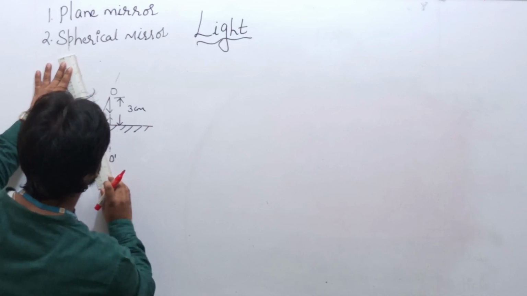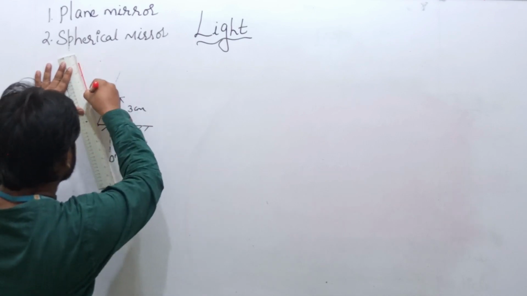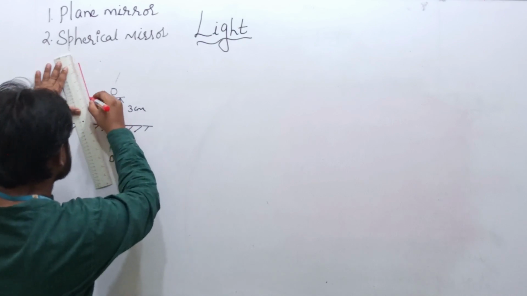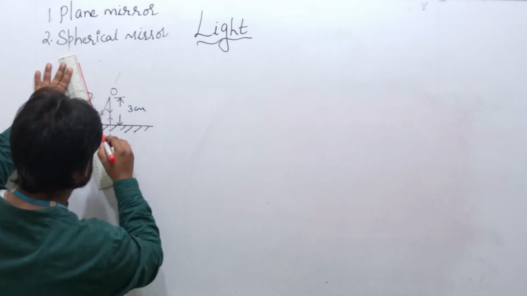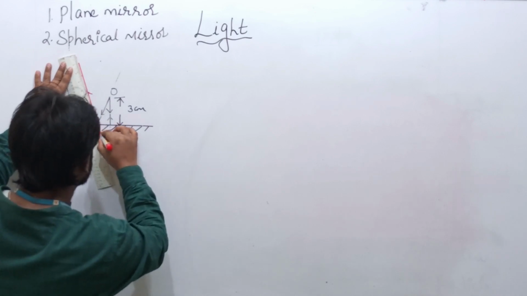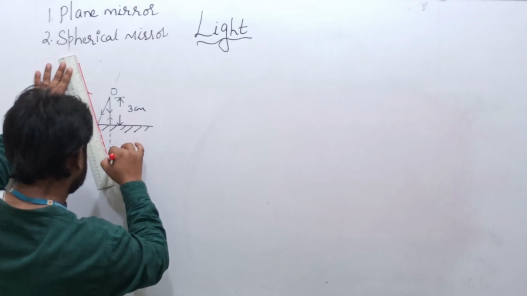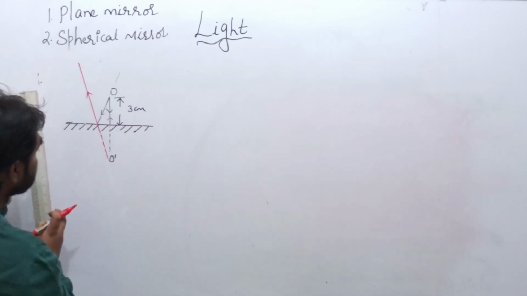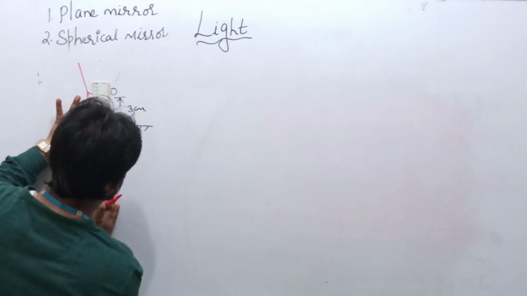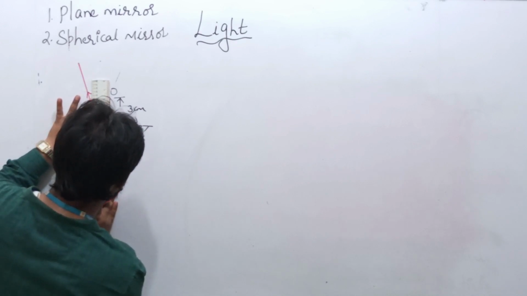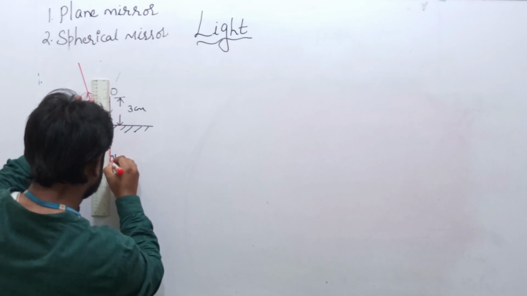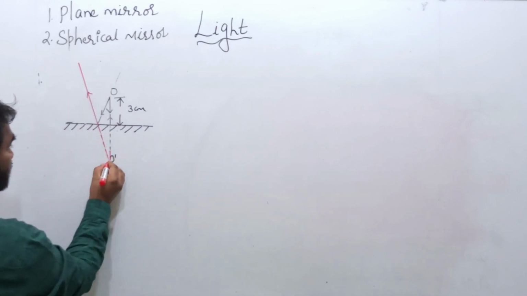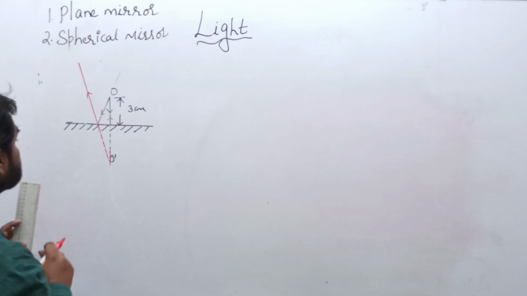Now I am going to draw this line. This is our reflected ray. And this reflected ray, I am going to extend. And this also I'll extend a bit. So they are going to meet at this point, right? They are going to meet at this point.